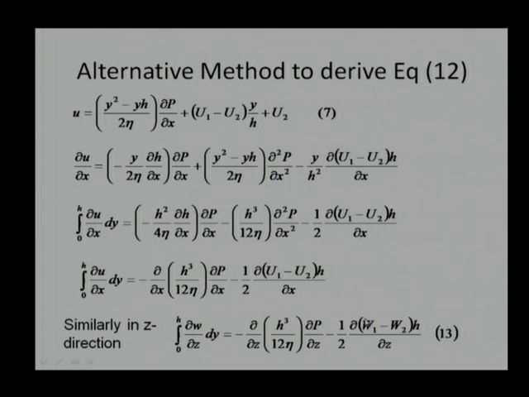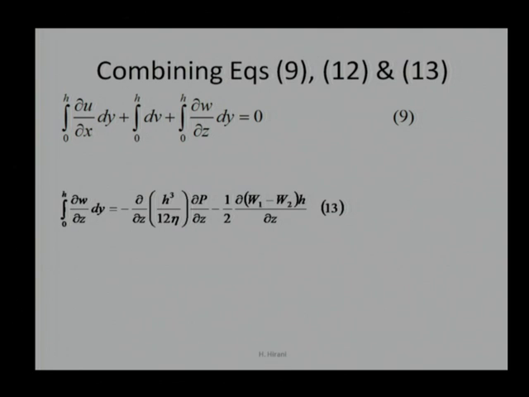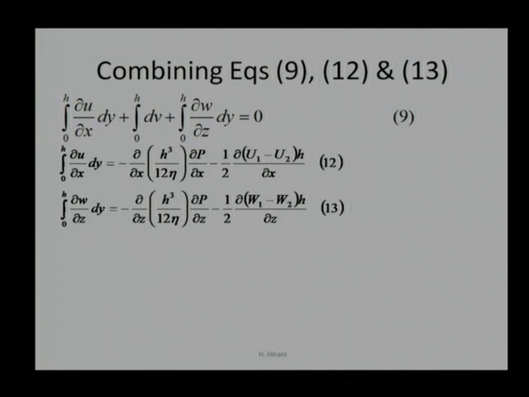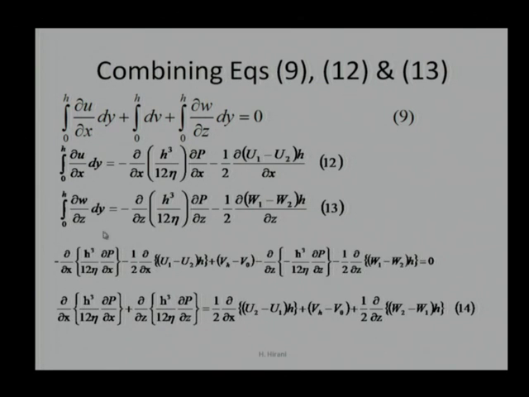Now, we can substitute these relations in this continuity equation, which was integrated to get the results. When we substitute equations 12 and 13 in this equation, we get something like this. After substitution, we are getting the first pressure gradient with h cube by 12 eta and dp by dx plus the second term.